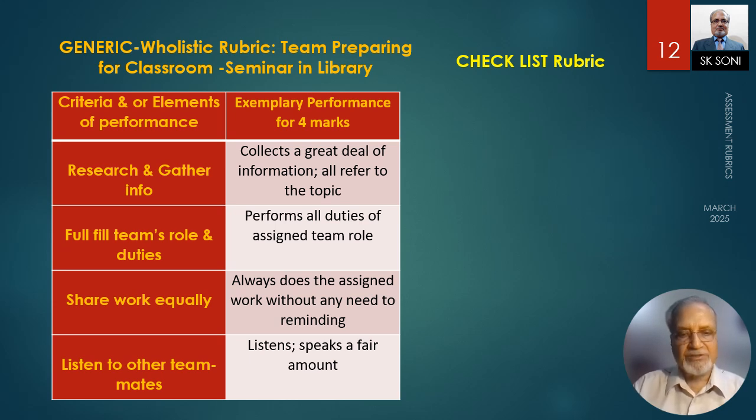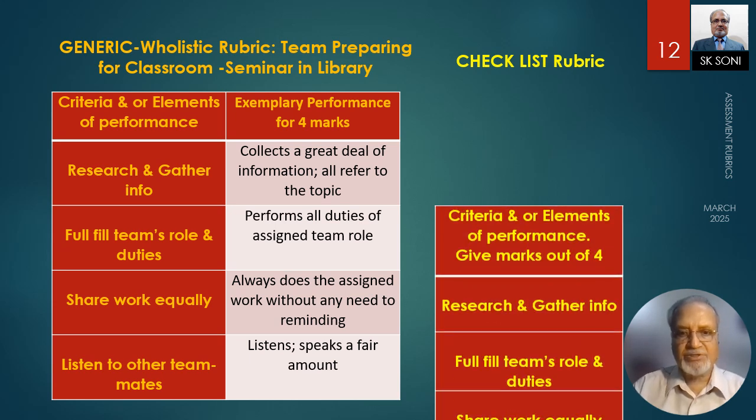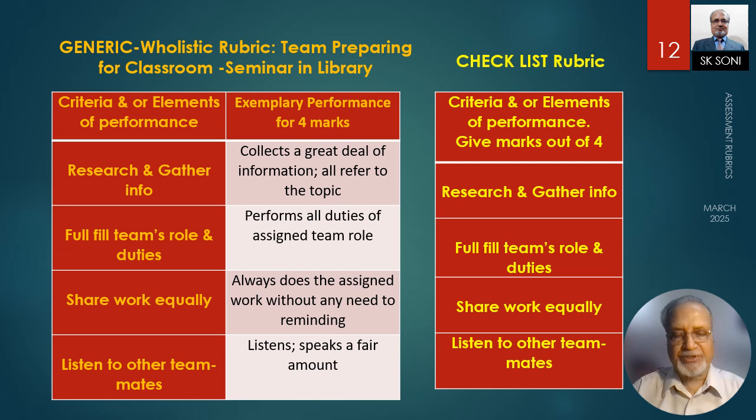And the description of the performance for seeking total marks 4, the highest marks. The second one is a checklist rubric, where only the list of the criteria or steps of the performance are given. So that is a checklist rubric.